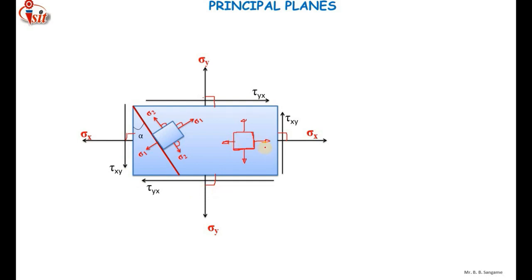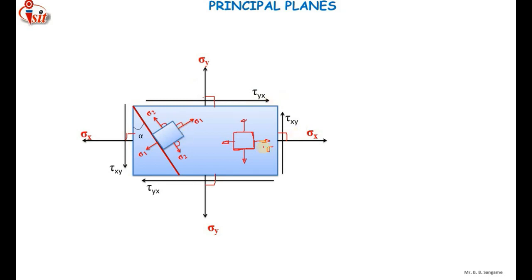This element has the orientation of the actual component, but the inclined element has some inclination with the vertical side. If you reduce alpha to 0, this element will look exactly like this, and it will be subjected only to sigma x, sigma y, tau xy and tau yx.